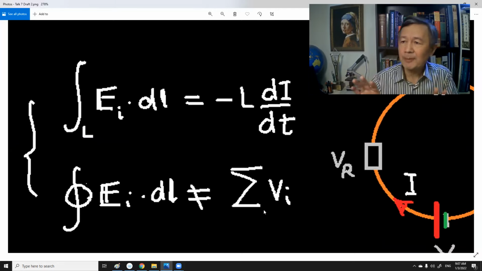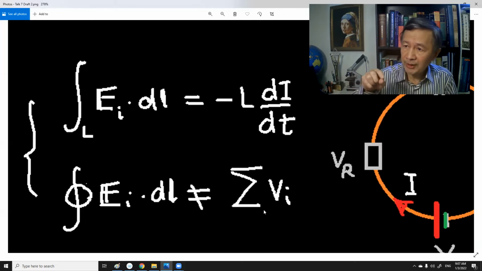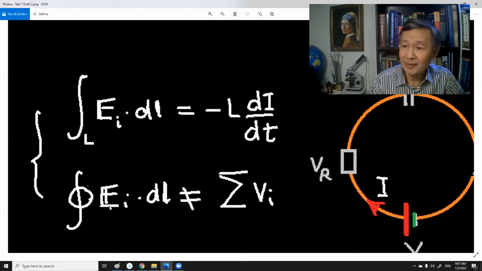He just mixed up the loop used in applying Kirchhoff's voltage law and the loop defined in the Faraday induction law. So this E has quite different definitions.